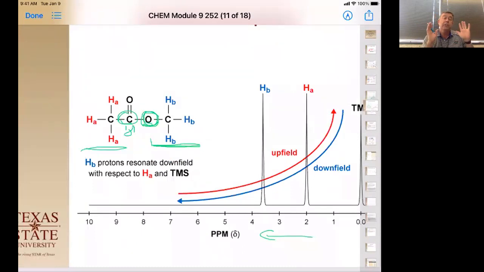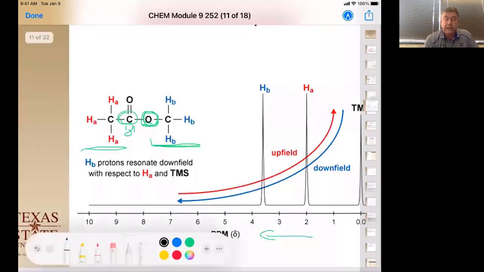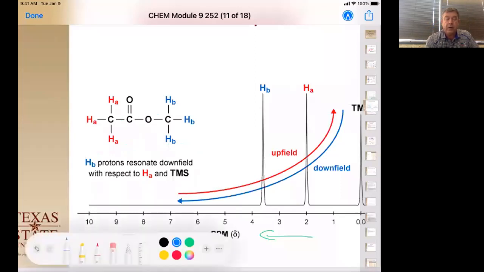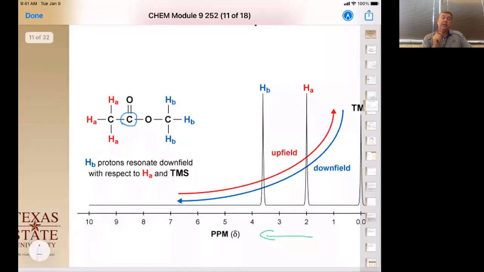Let's figure out, just by looking at the chemical structure, if we can predict upfield versus downfield. We have 2 different methyl groups, and they're different, okay? The first one is next to a carbonyl, and that carbonyl has a different hybridization than if it was a CH2 group.